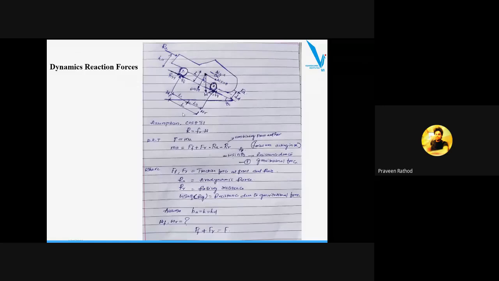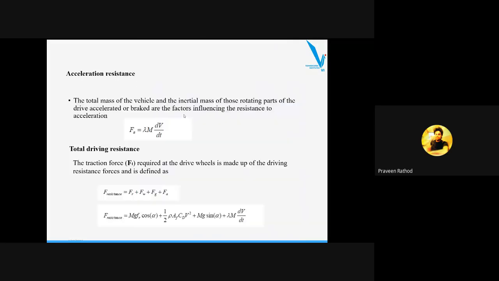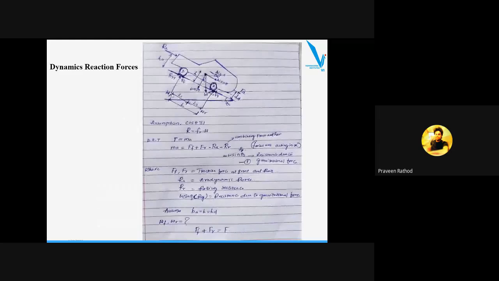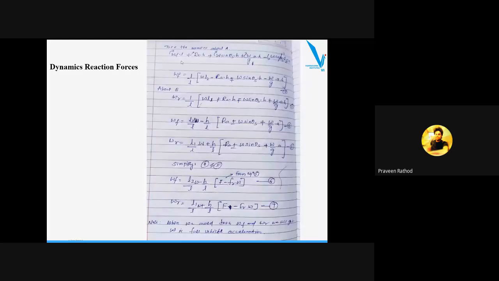So total, sorry, WF into L. The moments in the clockwise direction can be considered as positive, and the forces acting in the anti-clockwise direction are considered negative.